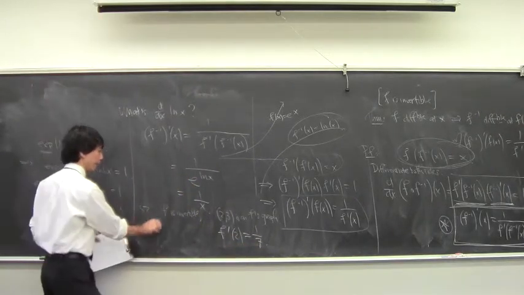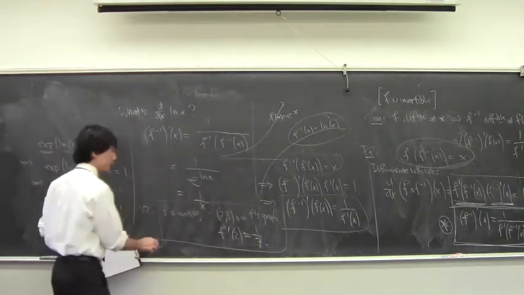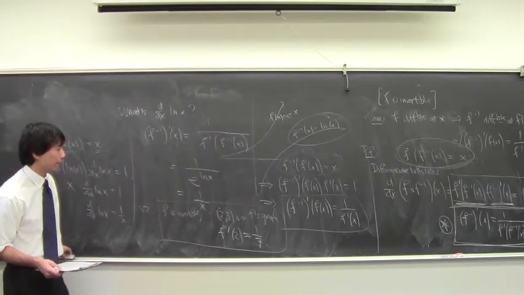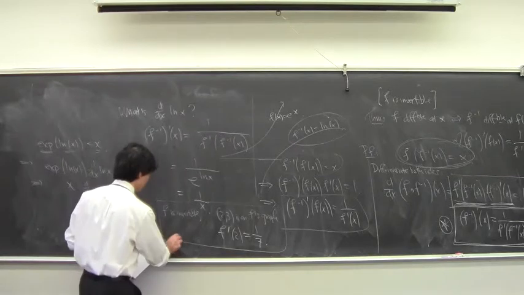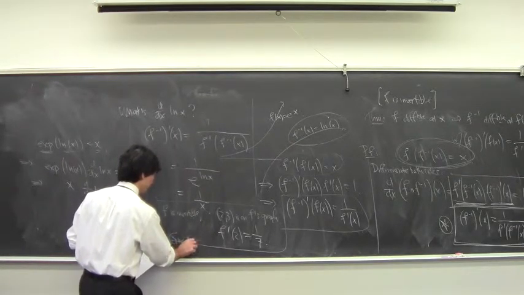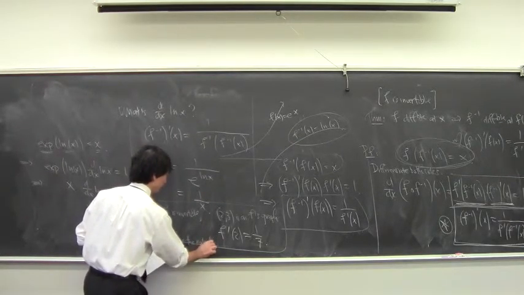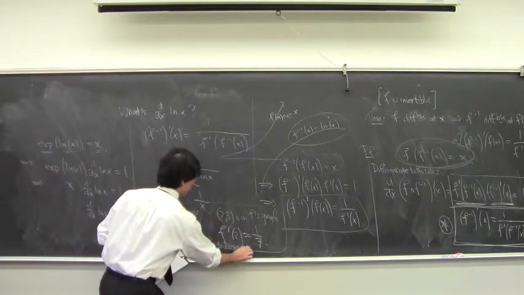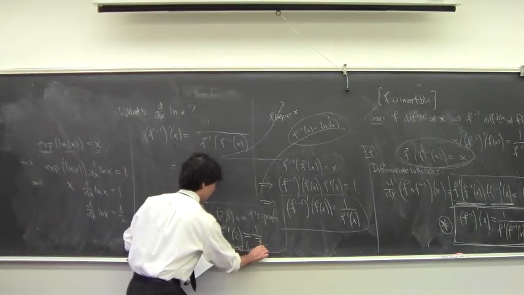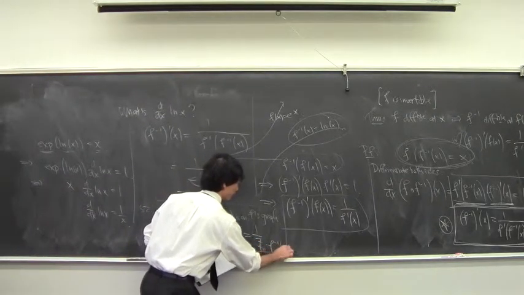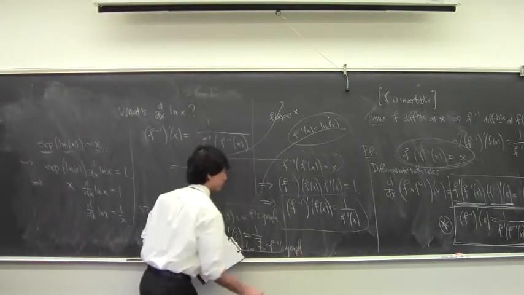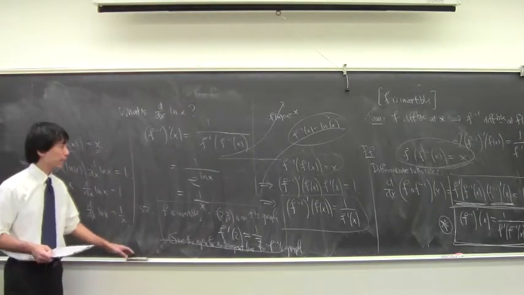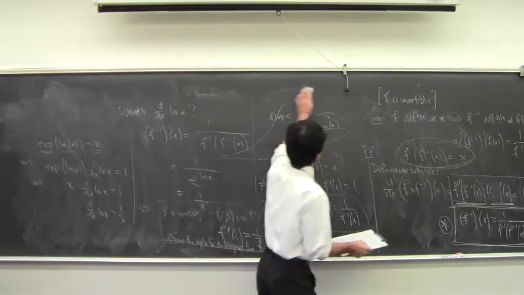So you have 3 facts: f is invertible, 2, 3 is on f's graph, and f prime at 2 is 1/7. Find the equation for a tangent line to f inverse's graph.